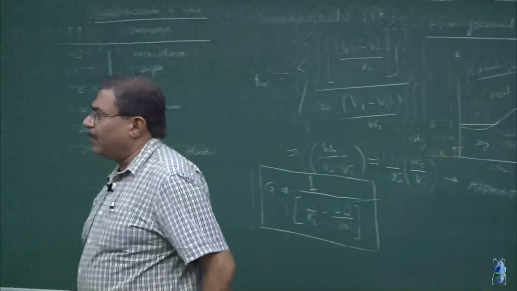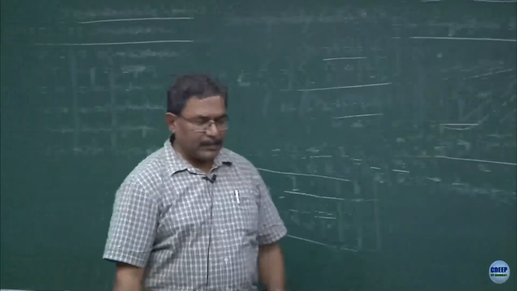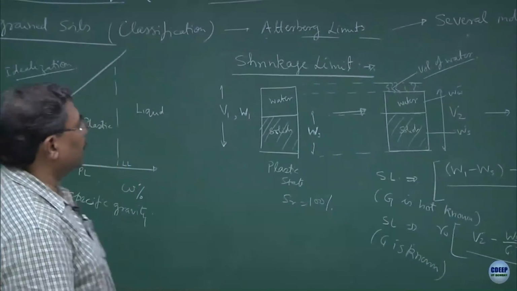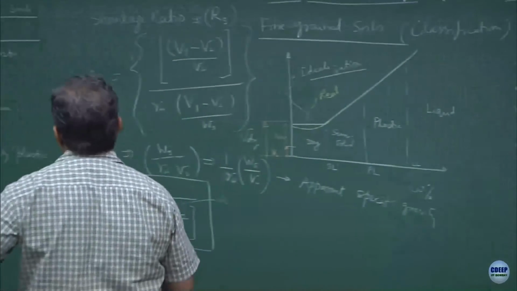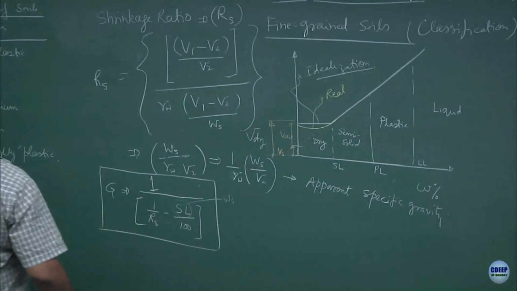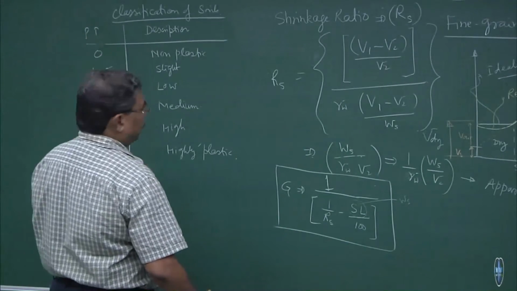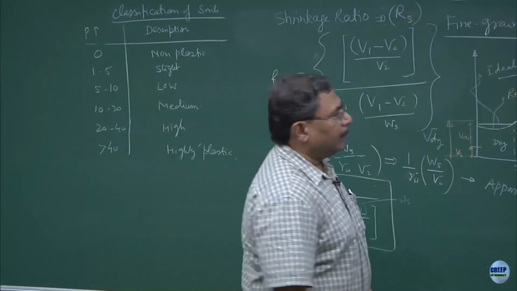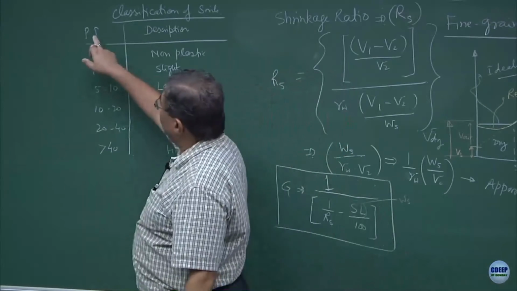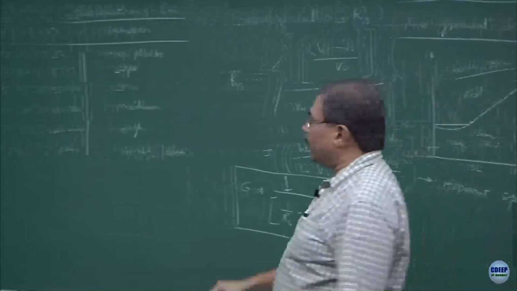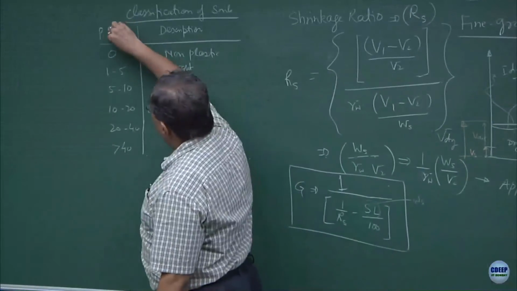It's okay. The last part of today's discussion would be, in 10 minutes I would like to finish the classification of soils. This is based on plasticity index, and for a quick review, plasticity is the one which dictates how easily the soil can be molded, plastic material.